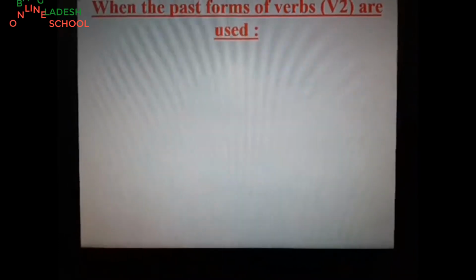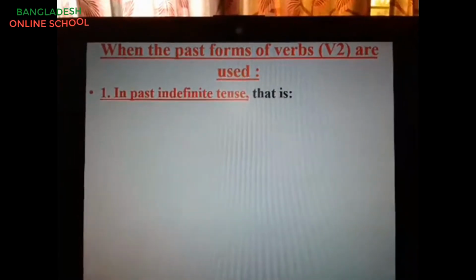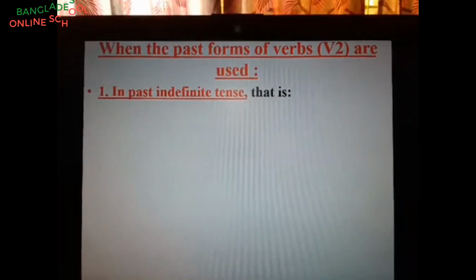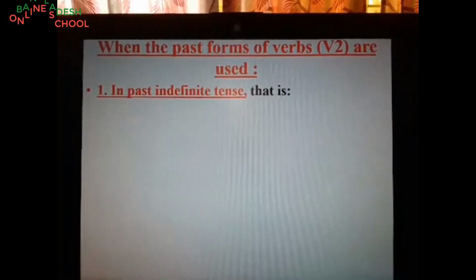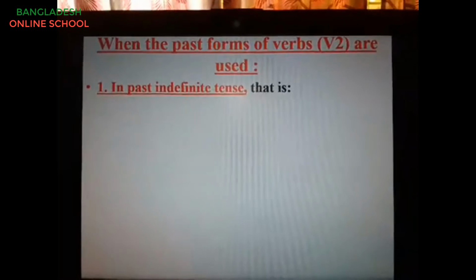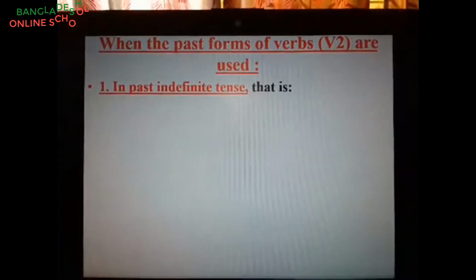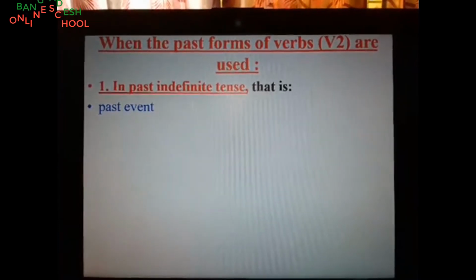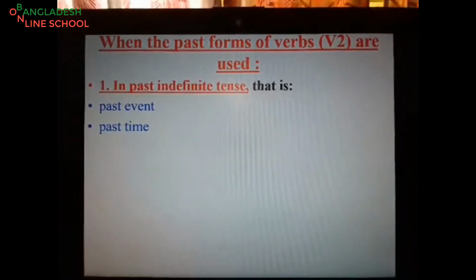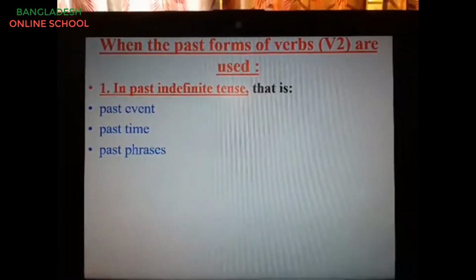Next, we see when the past forms of verb are used. In past indefinite tense, that is, to form past indefinite tense, to express past notion, past forms of verb are used. In past event, in past time, in past phrases, past forms of verb are used.